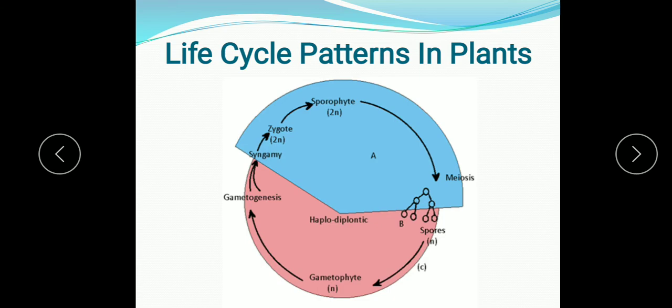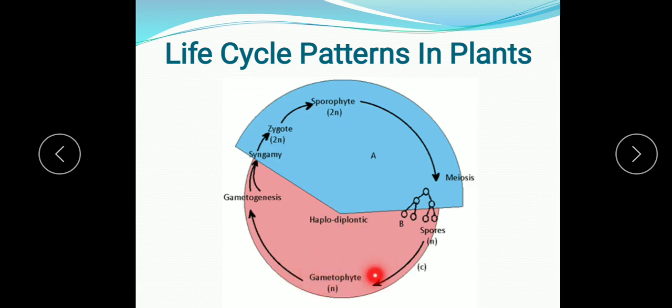In this type of life cycle, the zygote divides mitotically to produce the multicellular diploid sporophyte. The sporophyte in turn produces spores by the process of meiosis, that is cell division, and the spores are now haploid, and these spores germinate and produce the gametophyte plant body, which is haploid.